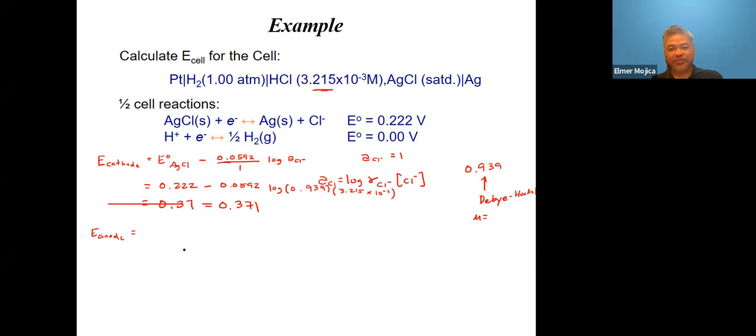Now, if we go with the anode, what do we do here? That would be in the H, minus 0.0592 divided by 1. It's not 2 because the half reaction is written as 1/2 H2. So we have 1 electron here, and this is log activity of the H plus, and we can also incorporate the pressure.